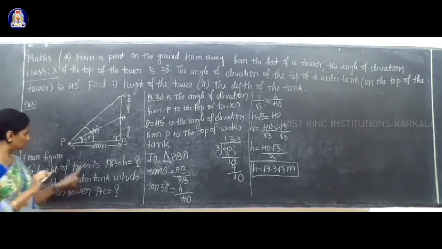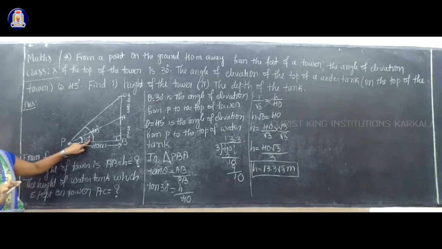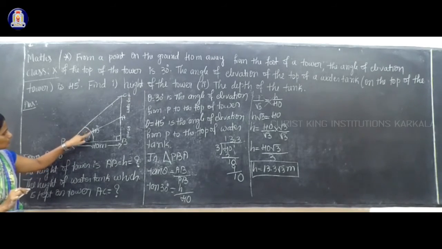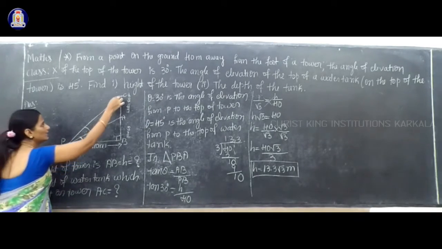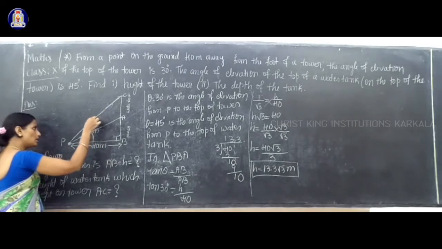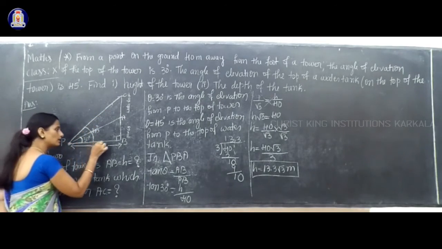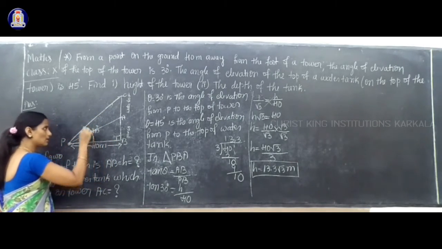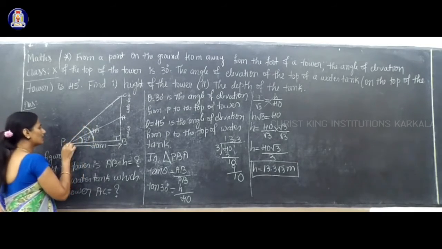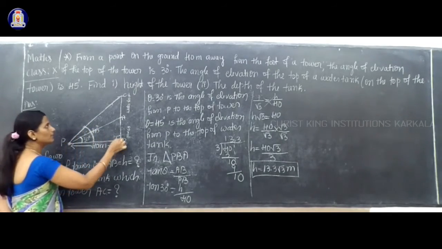Yes. Now this 30 degree we completed, right? So now next is to take 45 degree. For 45 degree, what is our triangle? This is your 45 degree, which means your triangle is PBC.